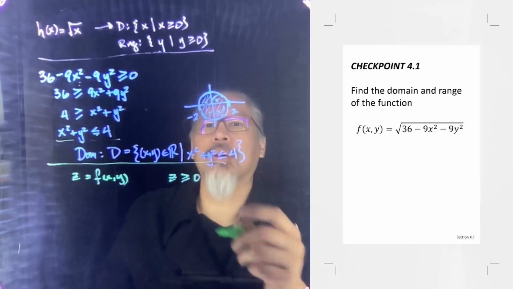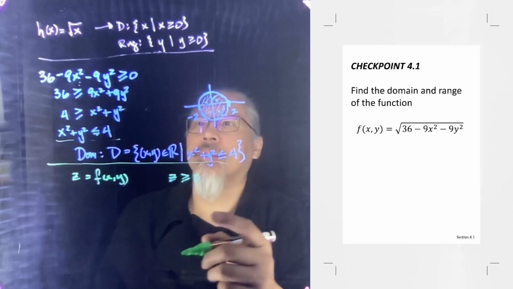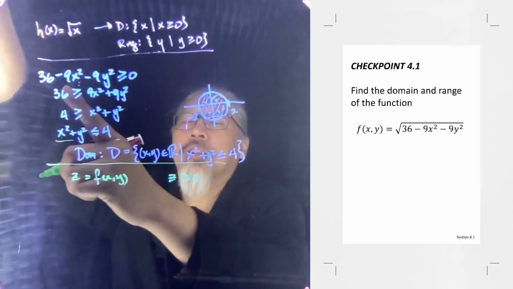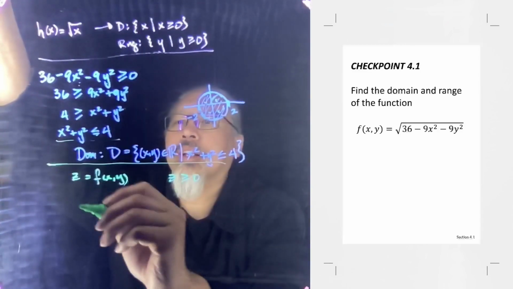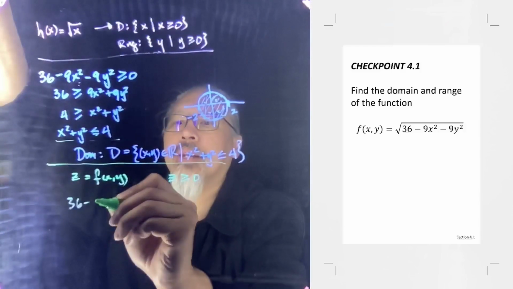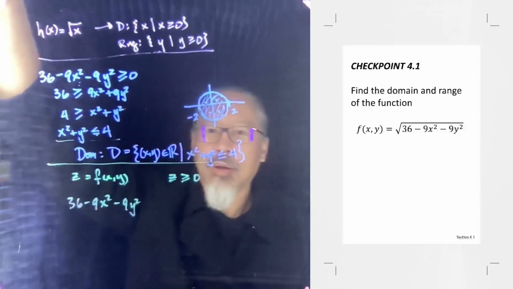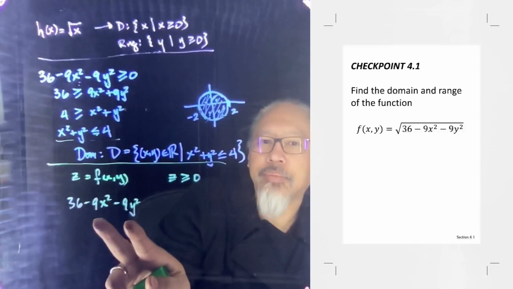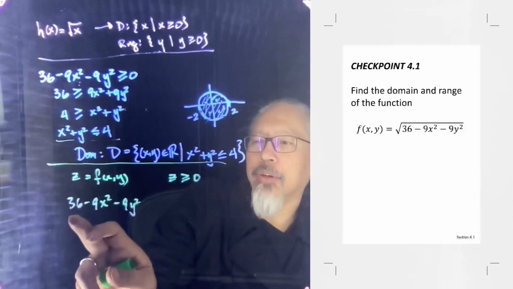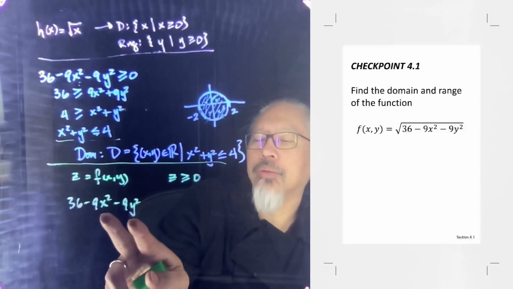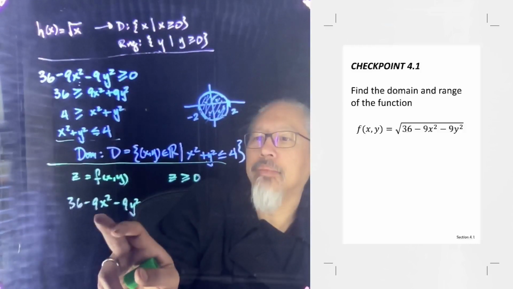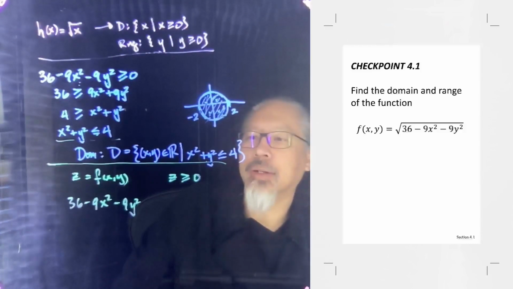Now the question is, what is the largest possible value? If we take a look at this, 36 minus 9x squared minus 9y squared, we're subtracting out values with 9x squared and 9y squared from 36.